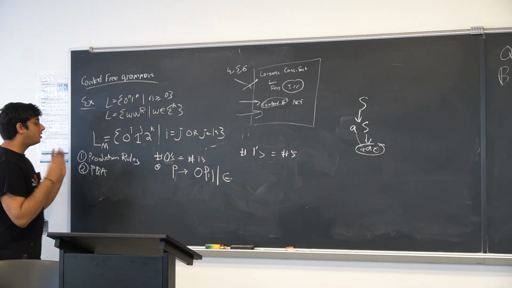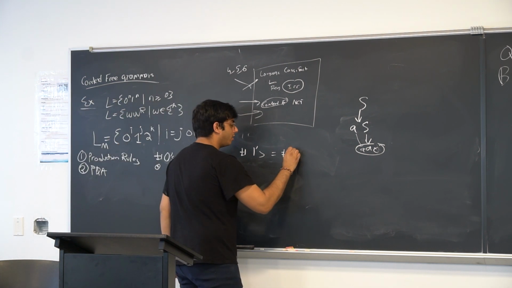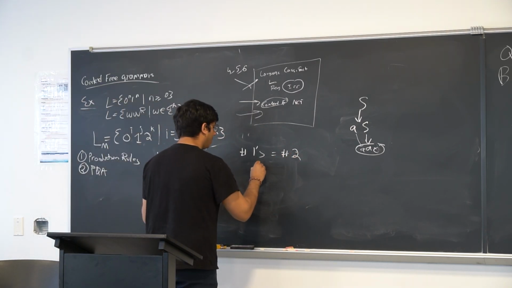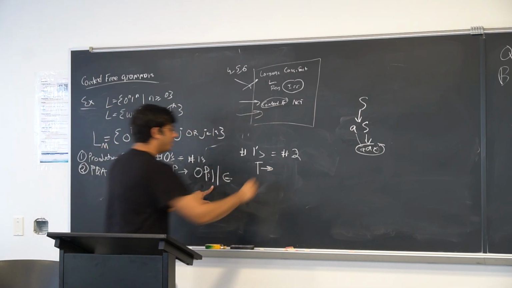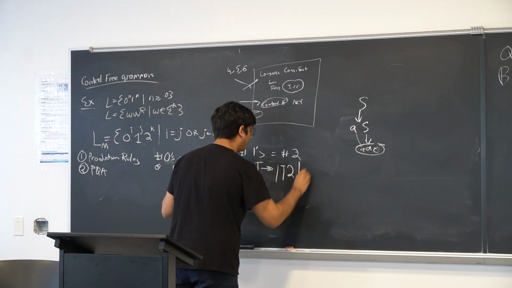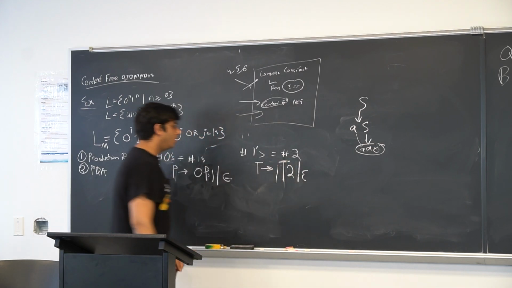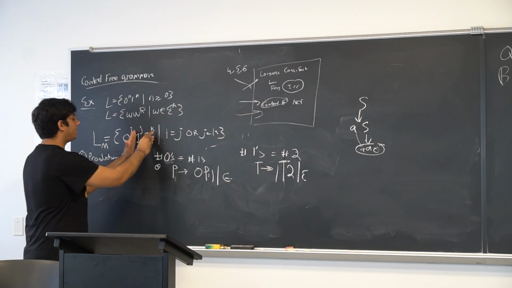If it was truly just equality, then you're right. Okay, so now I want the number of ones equal to the number of twos. I'm just going to copy this grammar as is. So this is going to be, I'll call this T for twos, and then I'll put 1T2 or epsilon, capital T, okay? Cool. So now I can make these equal, and then I can make these equal.